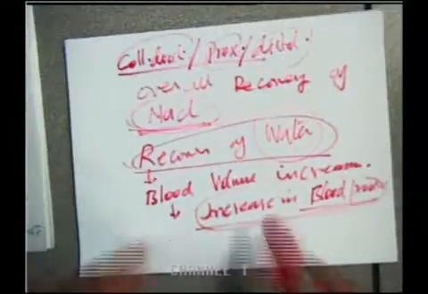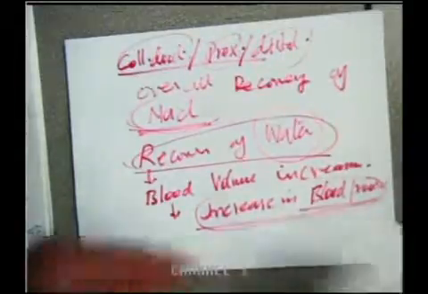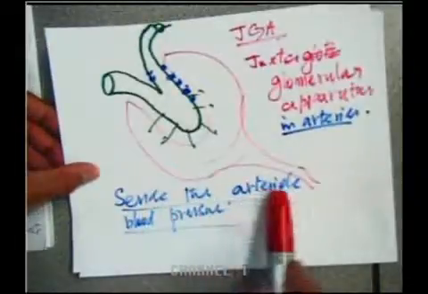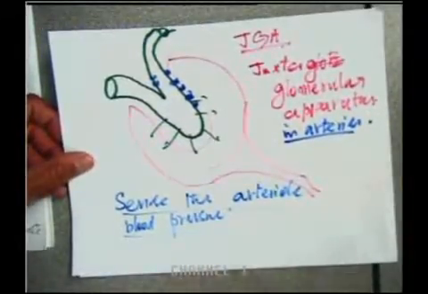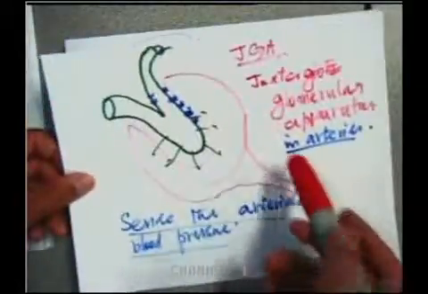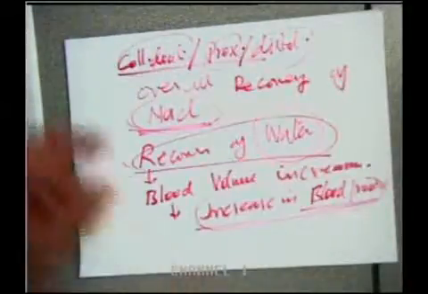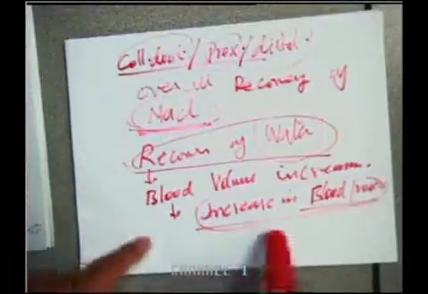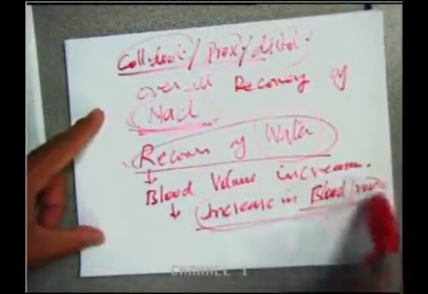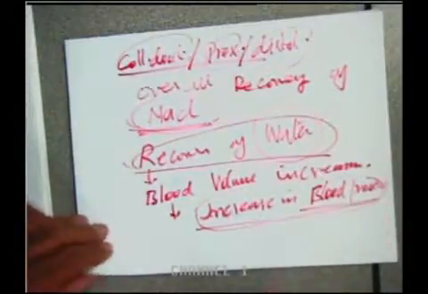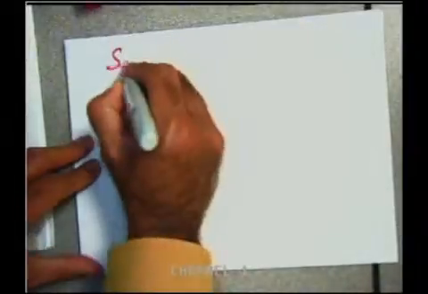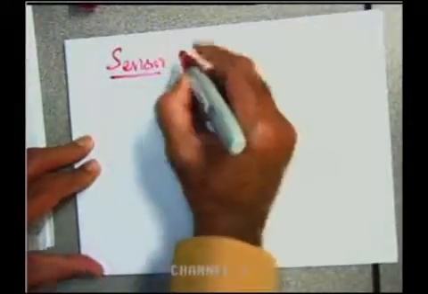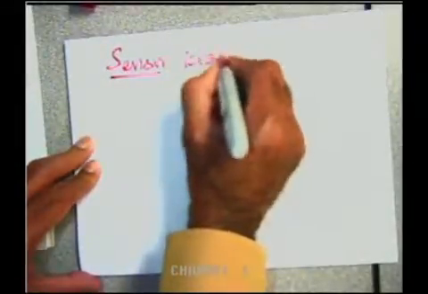You should remember this. This is a compensatory mechanism, right? When the JGA senses the arterial blood pressure declining, then the renin and everything is synthesized, then angiotensin, and the final result is an increase in the blood pressure. Okay. So the sensor in the kidney, I'll write it on a separate page. That's the sensor in kidney.